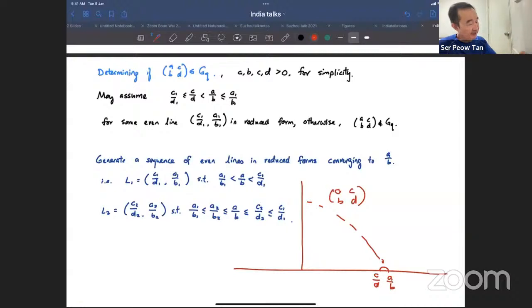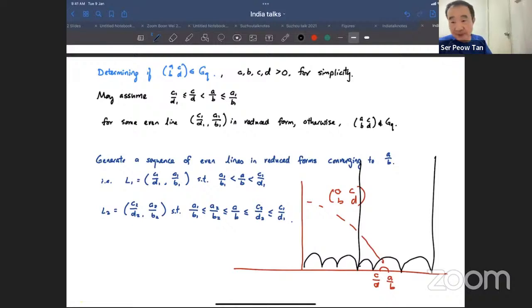On the other hand, I have a tessellation of the plane by ideal Q-gons, right?